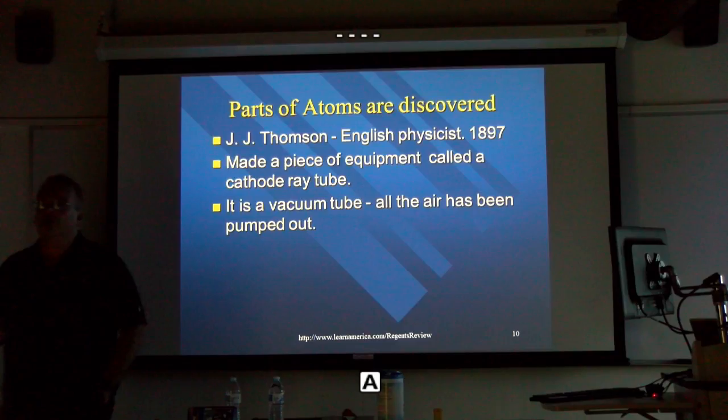And this vacuum tube basically had on one end a piece of metal that was charged with a particle that this piece of metal had less of. When you built up enough potential difference in that charge, he discovered an interesting phenomenon.